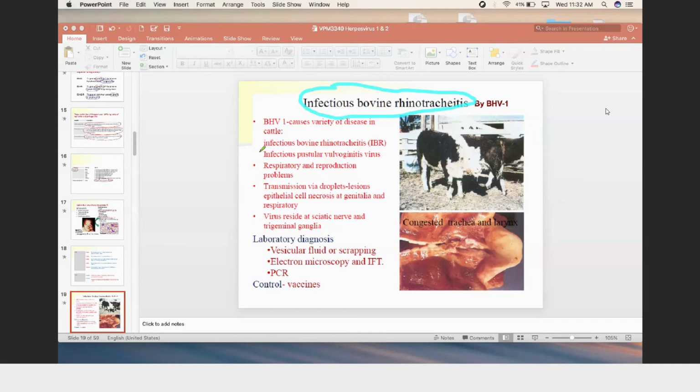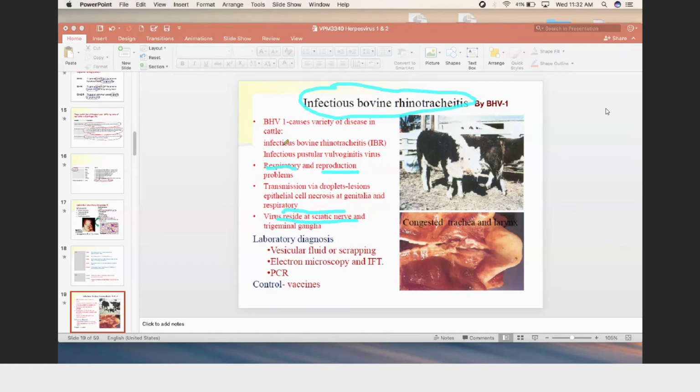It causes 3 different diseases here: respiratory, reproductive, and also nervous system. So 3 different systems. They cause problems in the respiratory, reproductive, and also, to a certain extent, the nervous system.